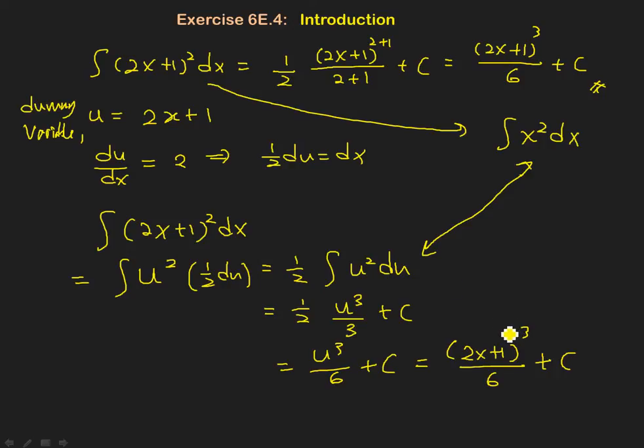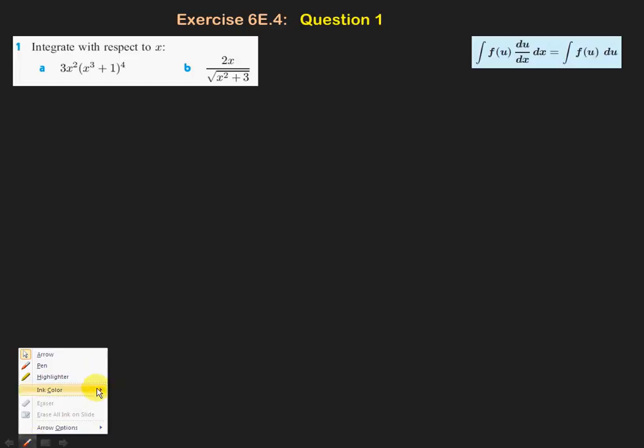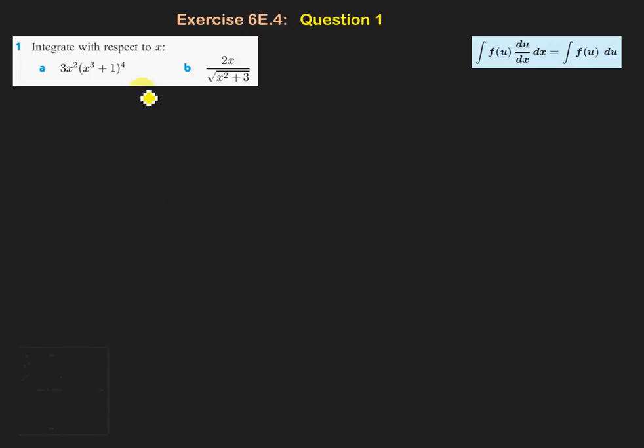Now move on to a question from the exercise, and start with this. We have this expression. Wow, it seems very, very complex, isn't it? And not when we perform the substitution. So we're going to let u be one of these expressions, but the problem is which one.